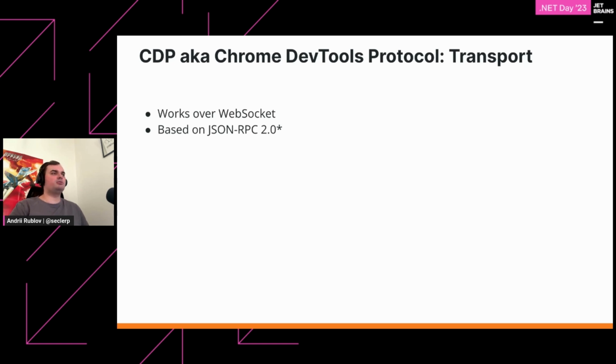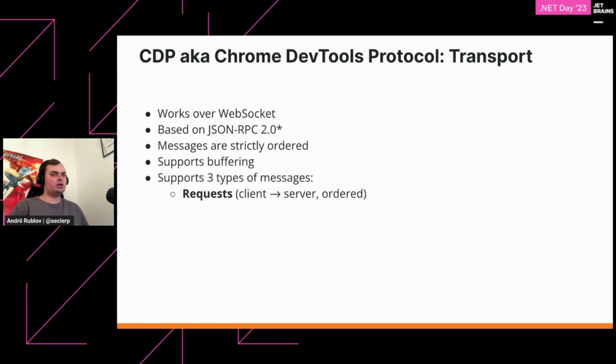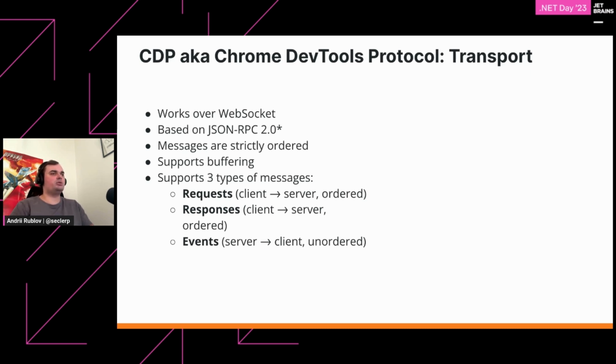It is also used, for example, in Visual Studio Code and Visual Studio as a part of the language server protocol implementation. Messages from the client are always ordered. There are three types of messages: requests, responses, and events. Events are not ordered, while the requests are ordered.